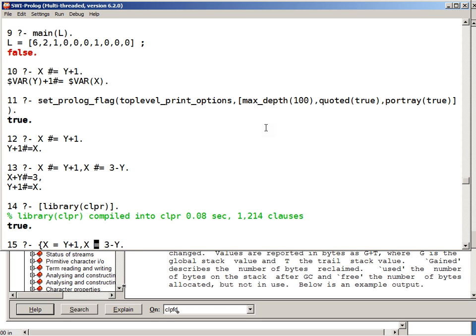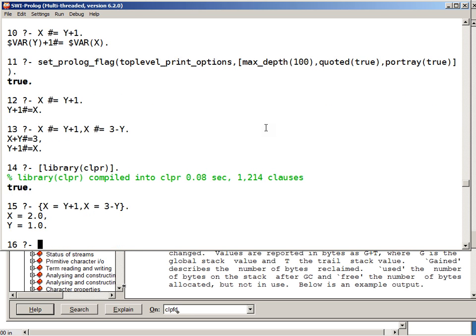We have to put everything in curly braces, but then we can use the equal sign that we are used to from mathematics. But the equal sign inside curly braces has a different meaning as opposed to the one that is used outside curly braces. So now this is solved. But it only solves linear equations, and it only solves them on reals.